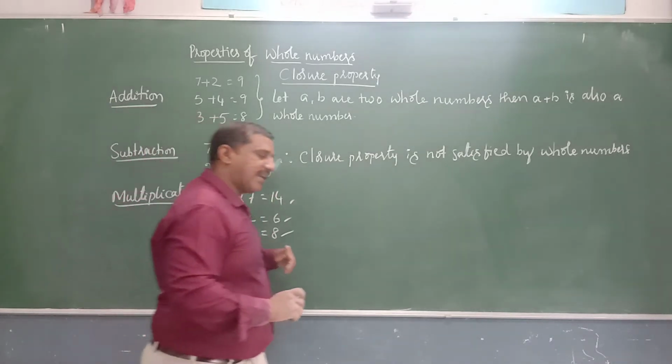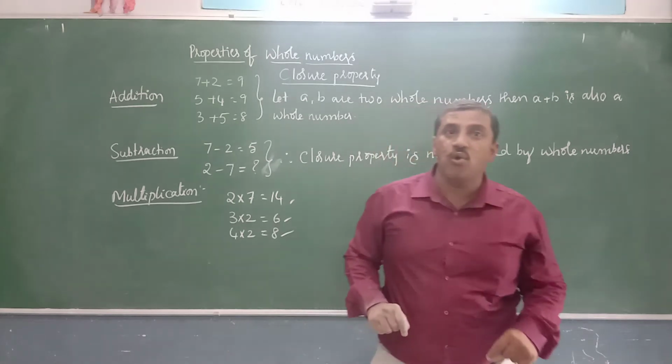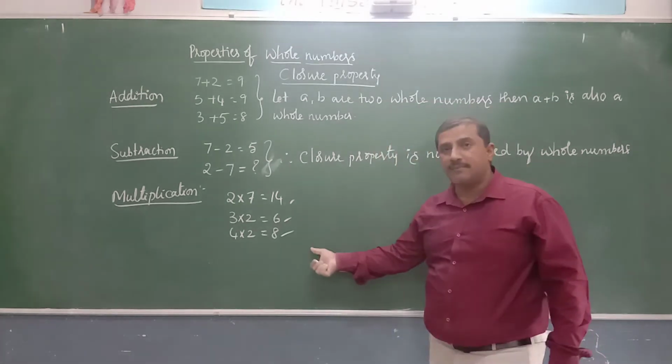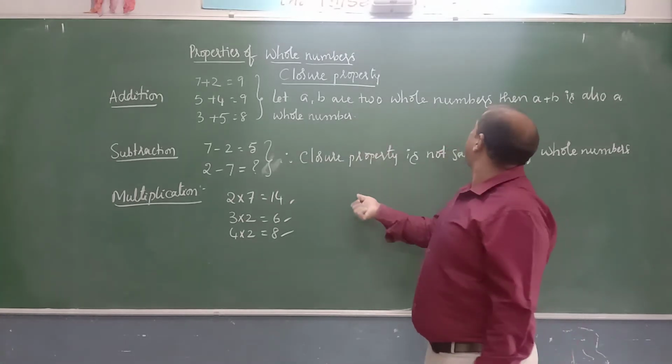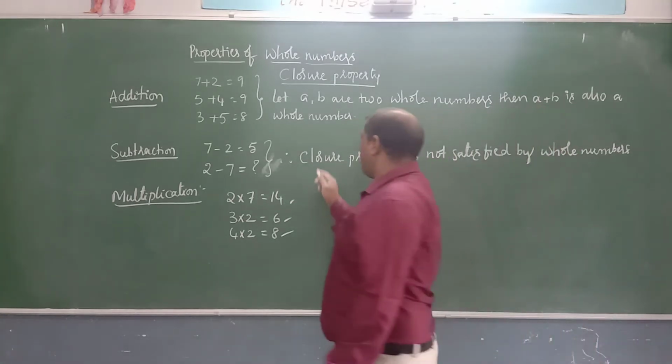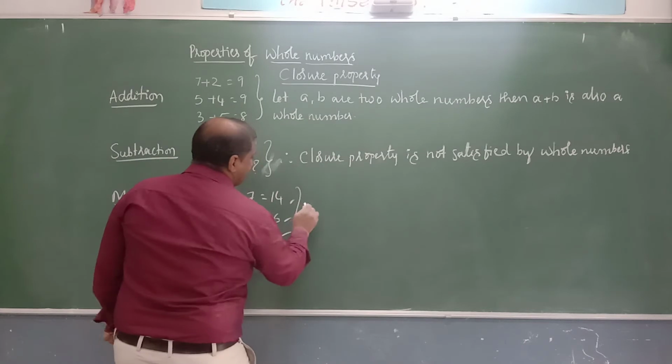So from this what can we conclude? The product of two whole numbers is a whole number, and this property is satisfied. So what statement can we write here?